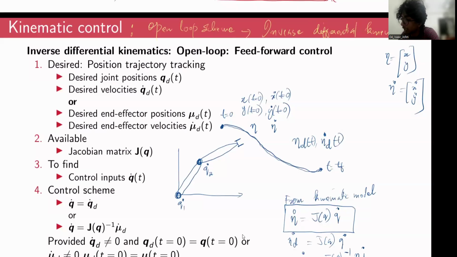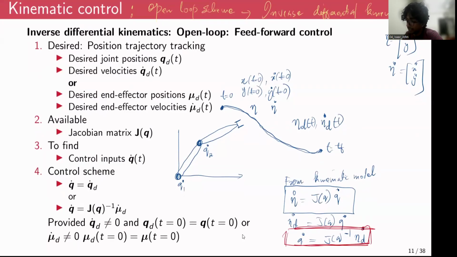Now you essentially got the control velocity input that you should be supplying into the motors. So if you supply this control input into the motors, the robot would basically execute this desired trajectory.